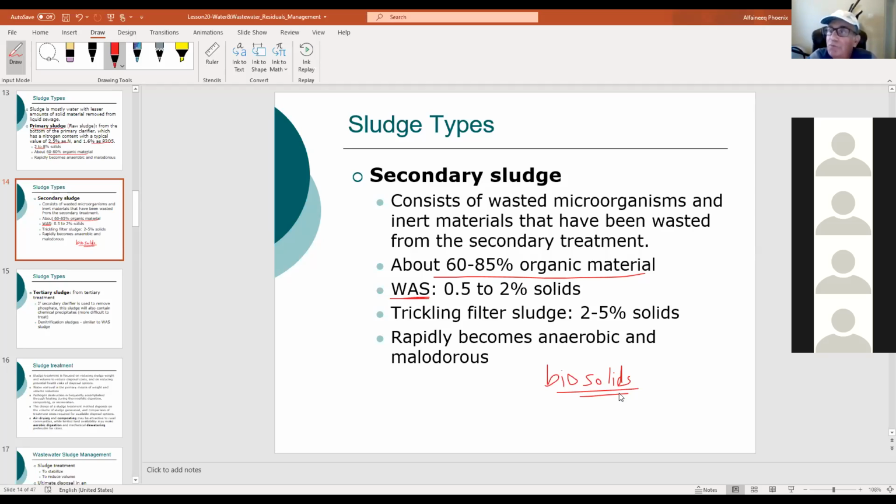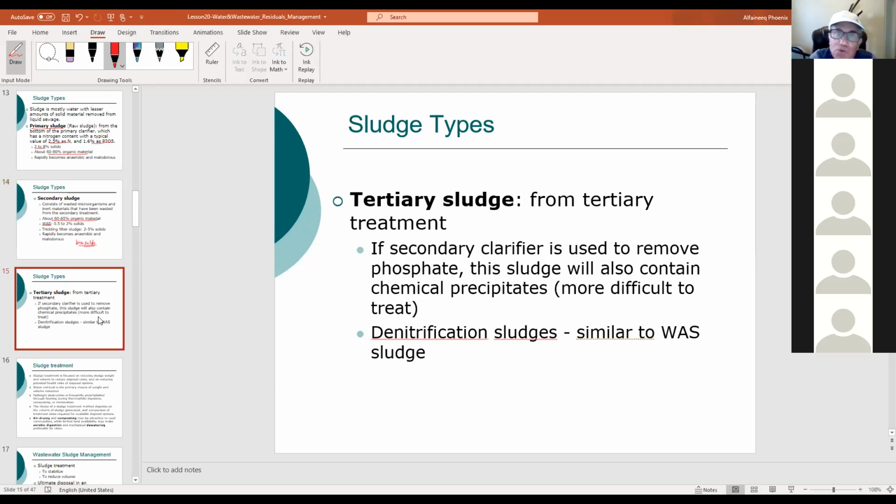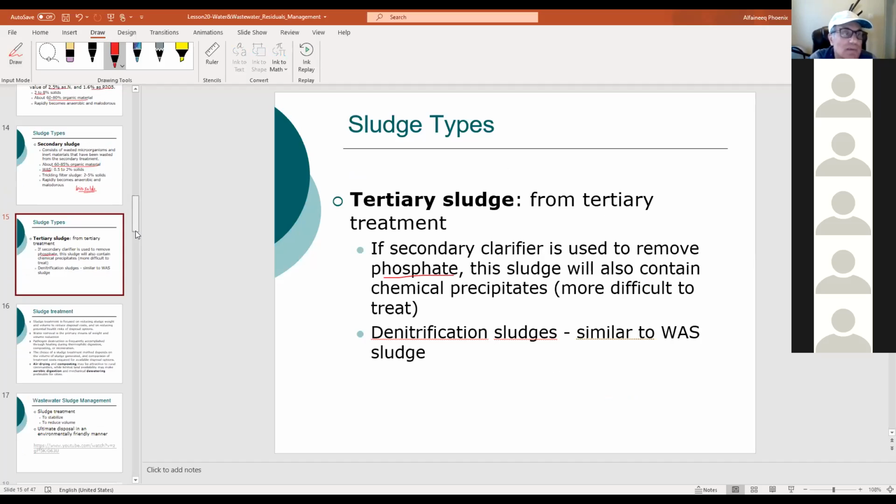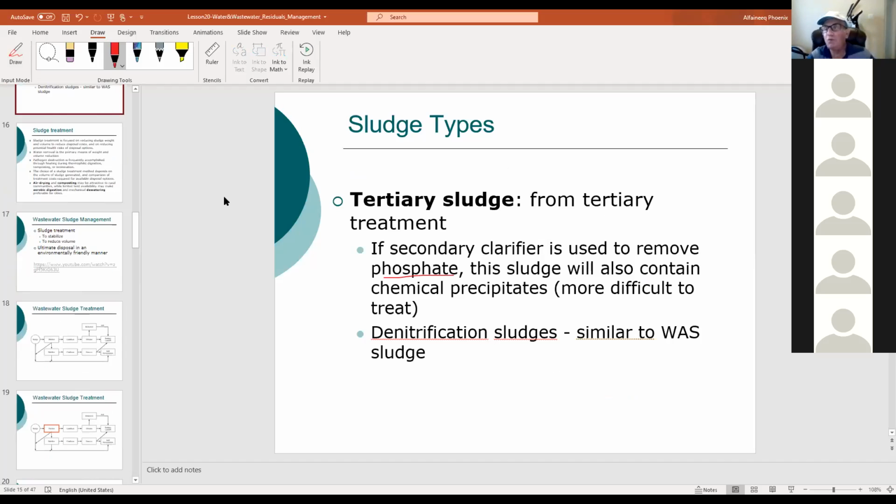It's not only getting rid of these solids, dirt. You also need to get rid of the microorganisms. Tertiary depends on what you use for tertiary, but mainly you're going to have phosphates, phosphorus compounds. So these are the things that we have to manage as solids in the sludge.